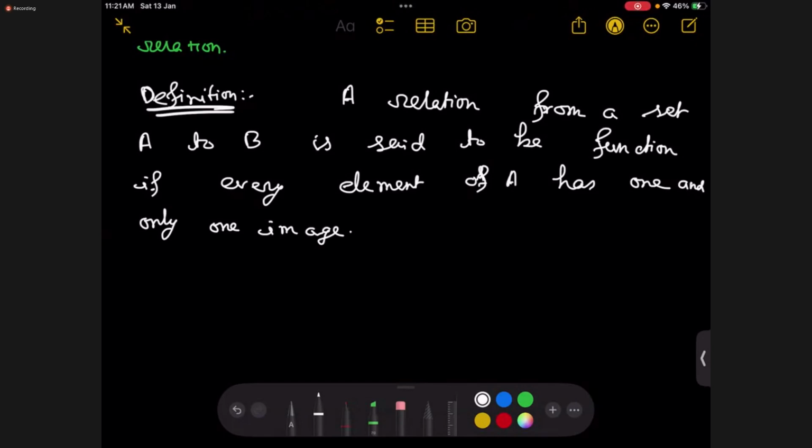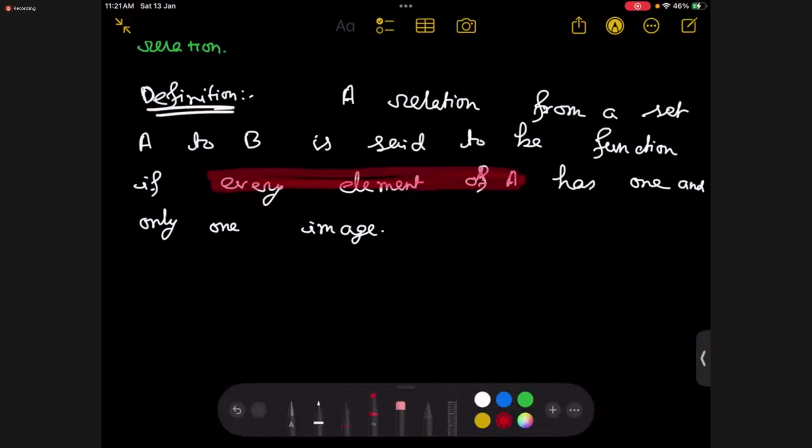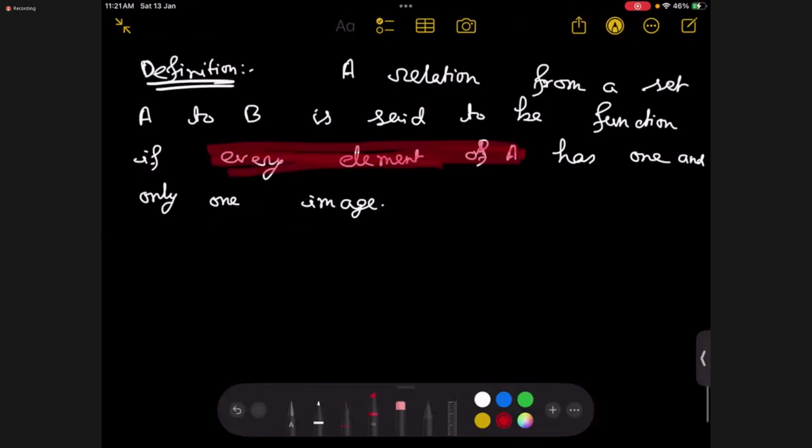One and only one image. So highlight two portions of this statement. The first portion is every element of A, and the second portion is one and only one image. These two portions are very important in the definition of a function.